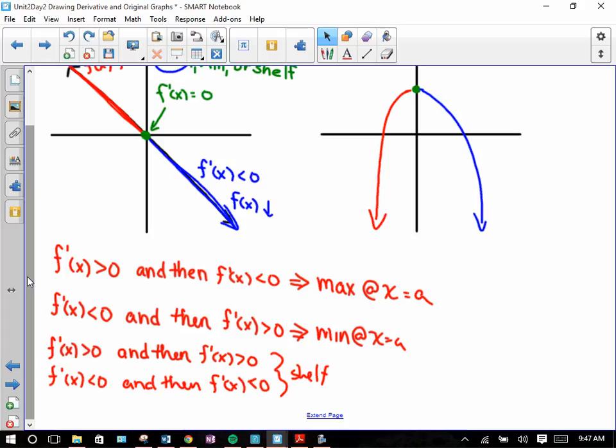So if the derivative doesn't change sign, it gives us a shelf. Typically the derivative will go from positive to 0 to positive, or negative to 0 to negative. That makes sense there?